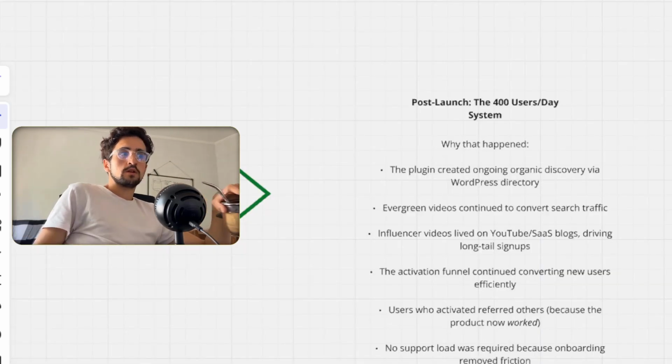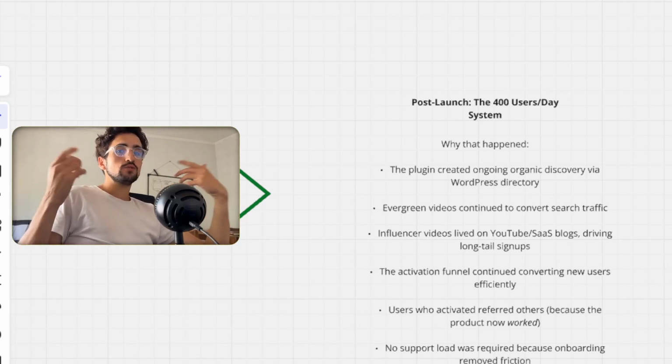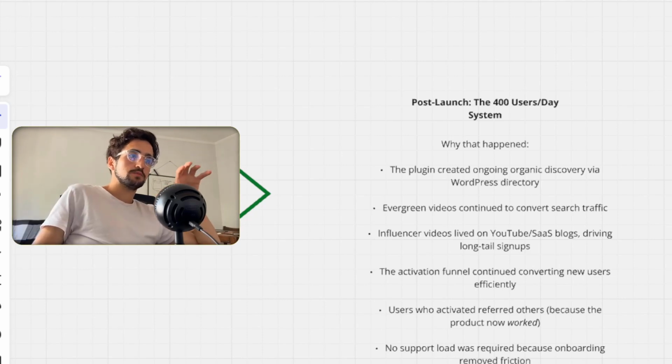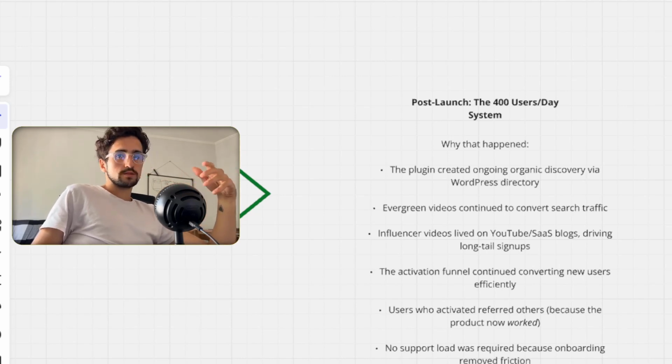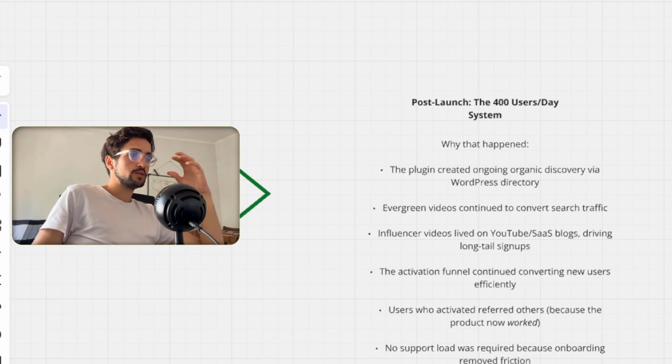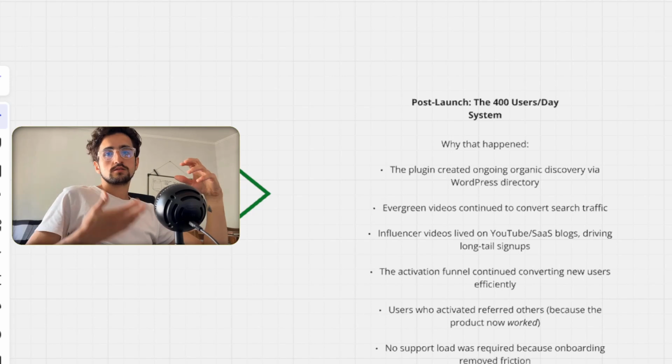But what mattered most was not 3,000 users in 7 days. It was 400 new users per day, every day after launch. And the reason that happened is because, first of all, the plugin created ongoing organic discovery via the WordPress directory. Then evergreen videos continued to convert search traffic.